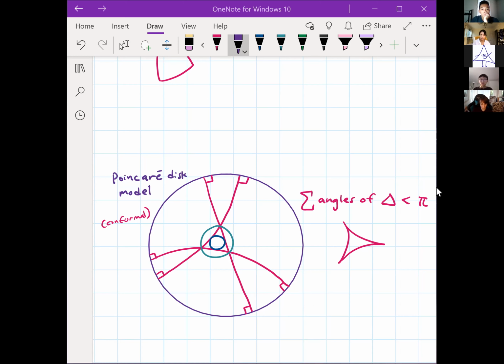I don't remember the metric offhand, but it has something to do with logarithm. So I guess the basic idea is that distances near the boundary of the disk get really, really big. So we can think of this boundary line as being like the line at infinity or something. So these distances are actually really, really big, and these ones are smaller.